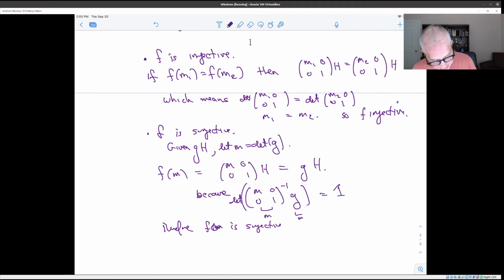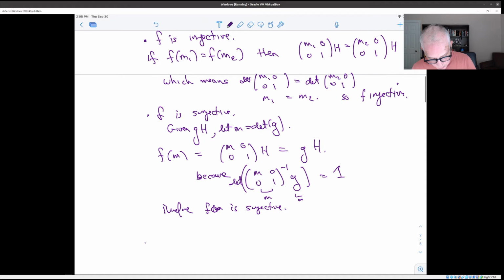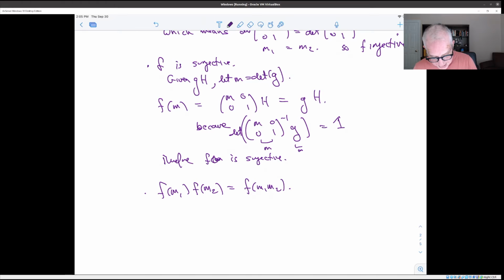And finally, we need to check that f of m1 times f of m2 is f of m1 m2. And for that, we use the fact that f of m1, by definition above, is the coset m1h, and f of m2 is the coset m2h.